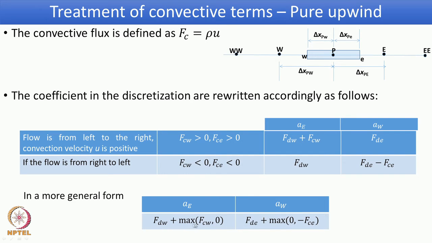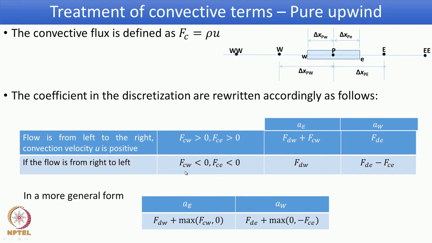So, this will take the maximum of these two values. 0 is the limit, and if the flow is from left to right, F c w is positive. So, that will be taken and added to F d w and you get back the original coefficient expression.